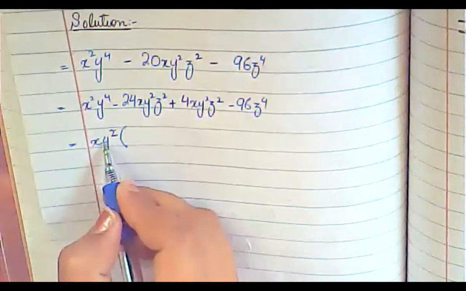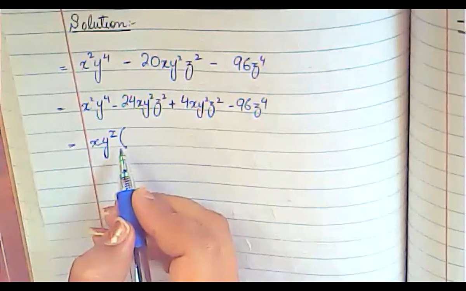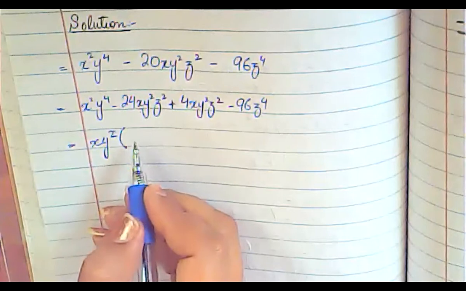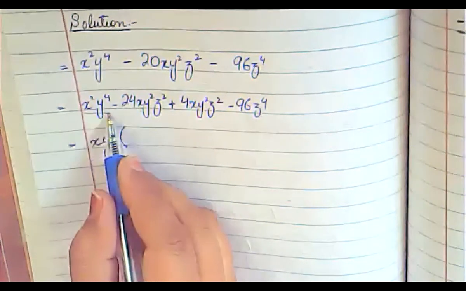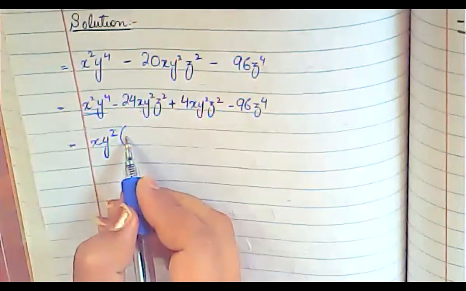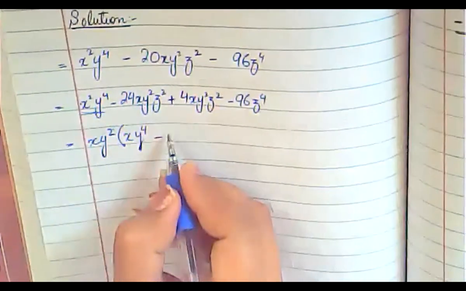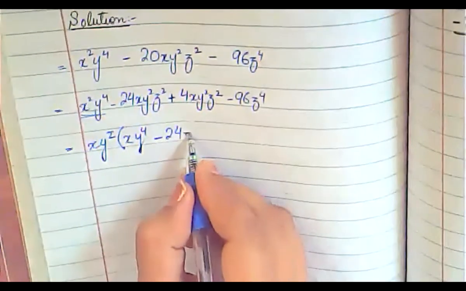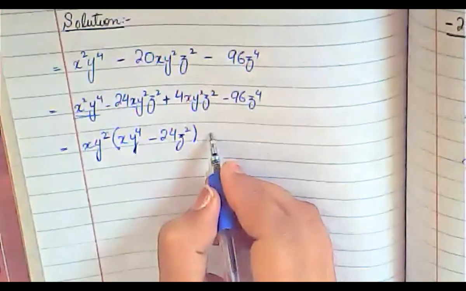Now what will be left here? Yes, x, y, 4 minus 24. X is already outside, y square is already outside, 24 z square. Right? Now the sign of plus.